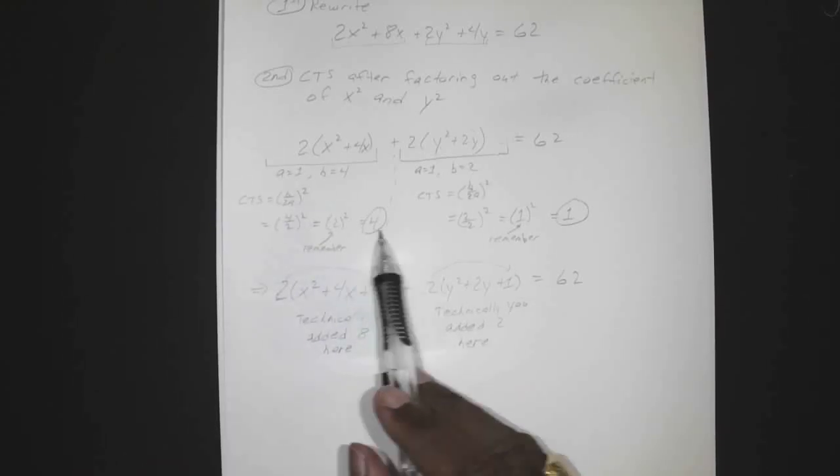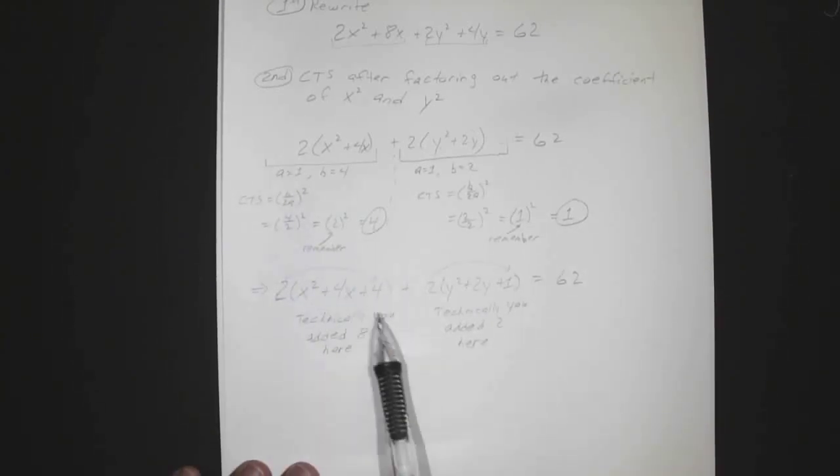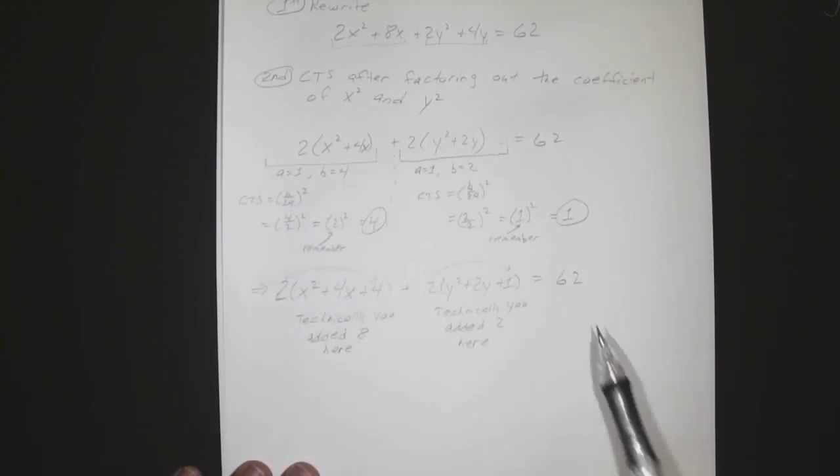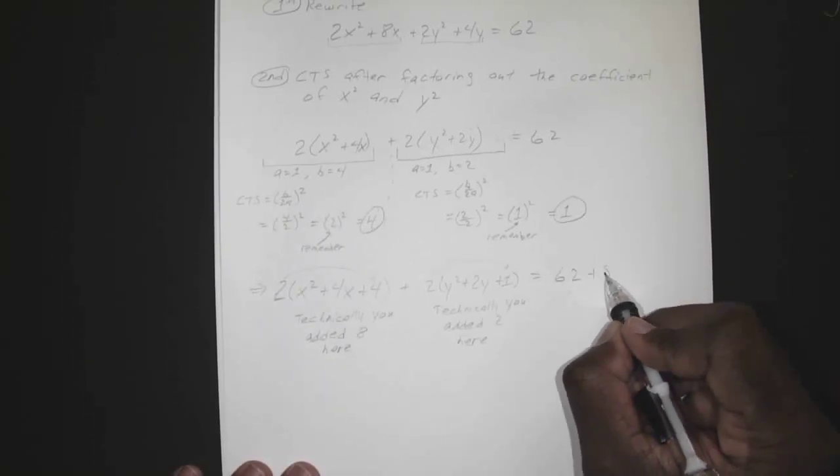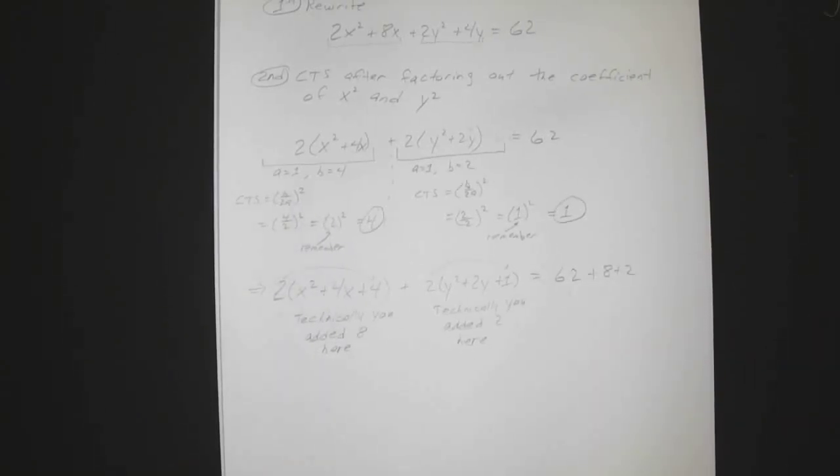So you couldn't just add 4 and 1 to that side. You have to actually add 8 and 2. Does that make sense?